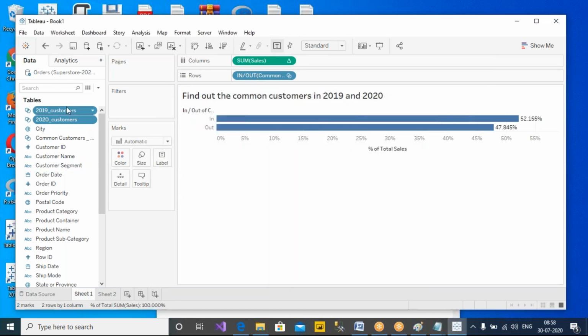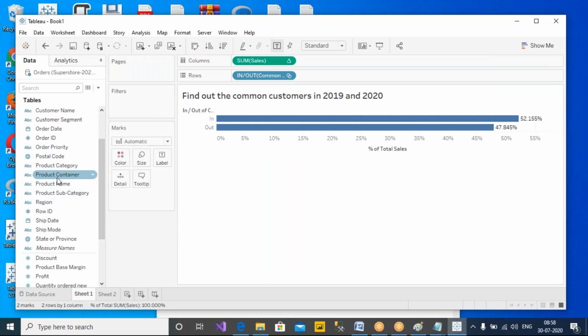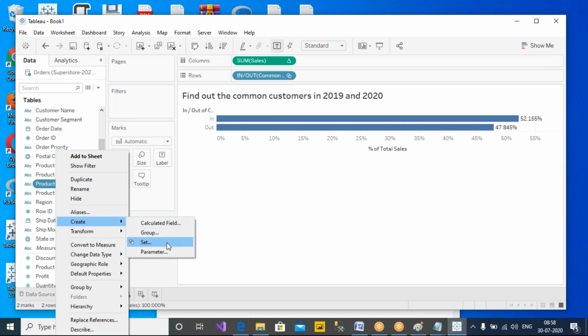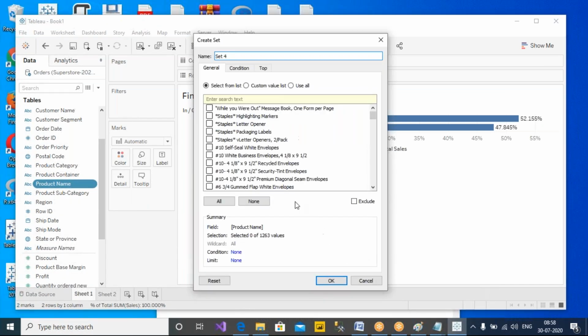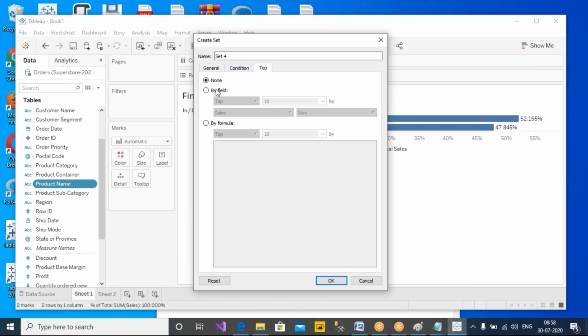So we already have a set here for customers, and let's create a set for a product here. Create a set, and you can select anything from this list, and let's say you want only top 10. That's fine. So here we'll say products set, and let's say okay.